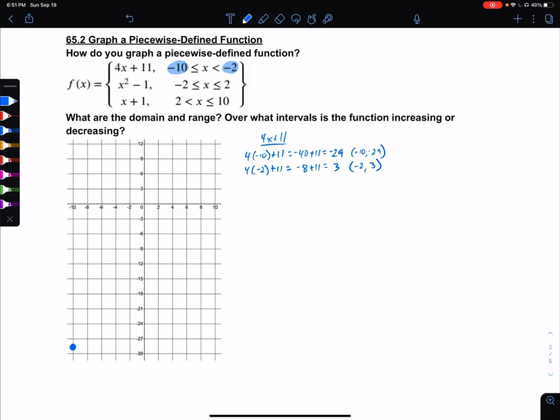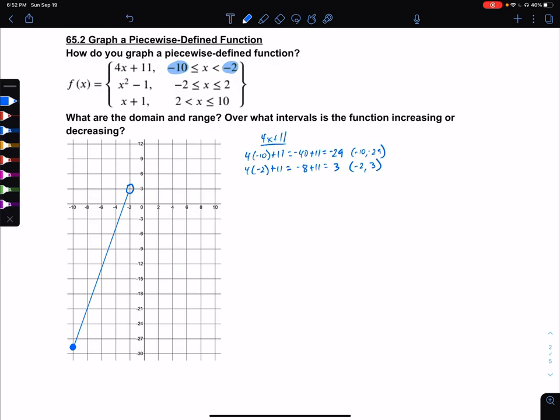This time, notice that here it's just less than. It is not equal. So this one is going to be an open circle there. And then what I can do from there is connect these two dots because it's a linear function. Okay. So not too bad, pretty straightforward.